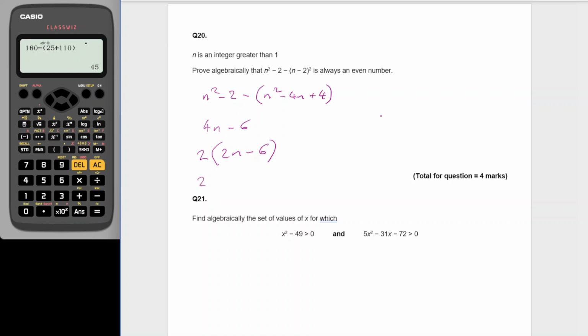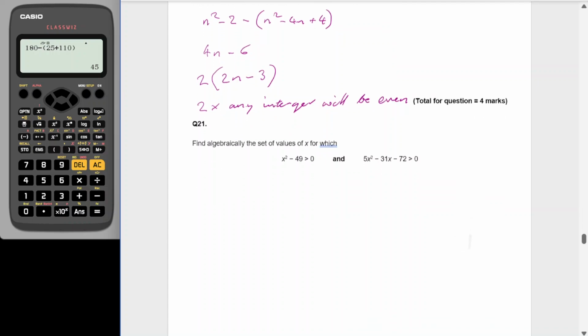And then 2 times any integer will be even. And I've misfactorized there, that should be 3.